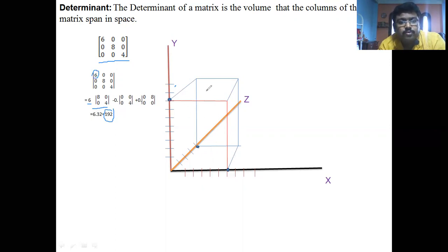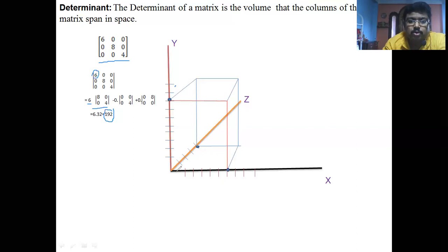So now if we see in a three-dimensional space, this is the x-axis, this is the y-axis, and this is the z-axis.